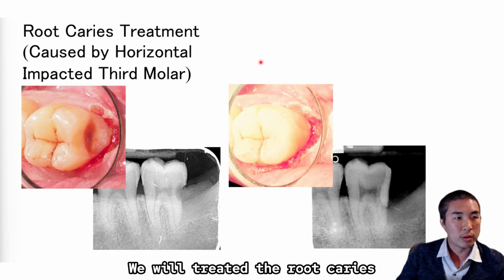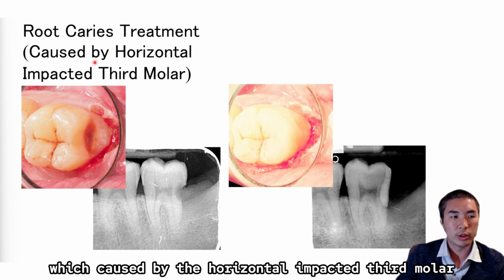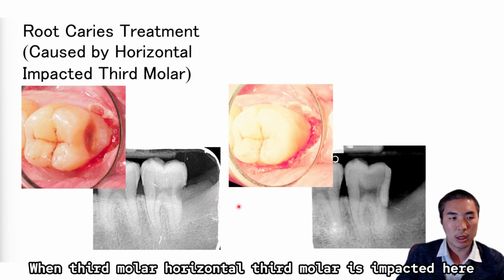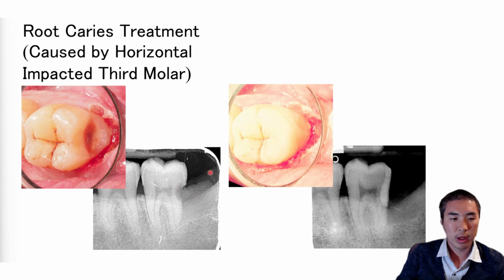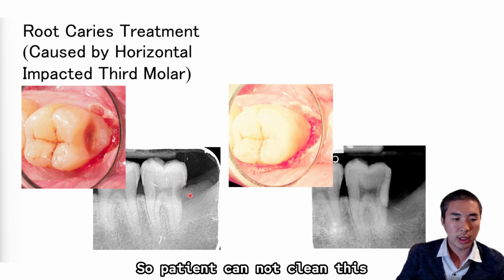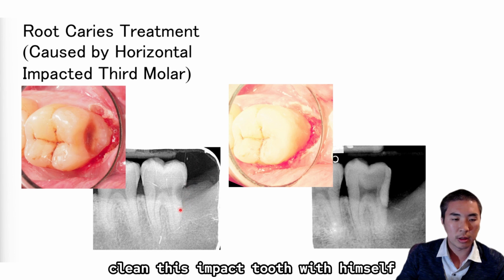And also, we treat root caries caused by a horizontally impacted third molar. When a horizontal third molar is impacted here, it will cause food impaction right here, so the patient cannot clean this impacted tooth by himself.